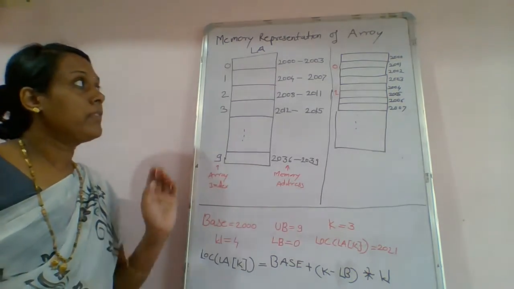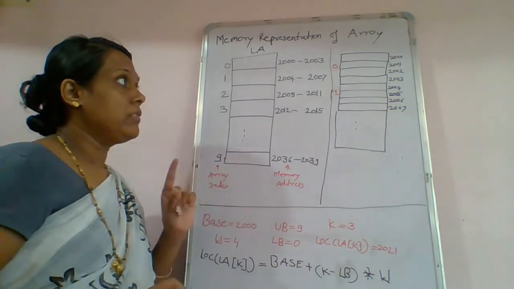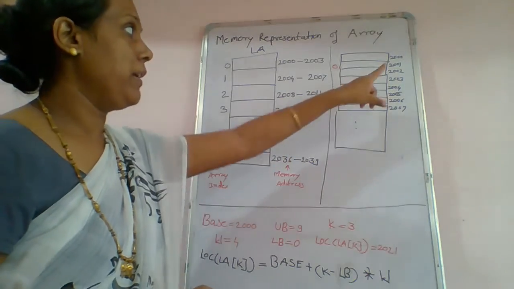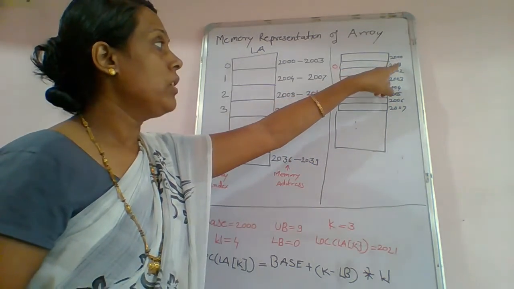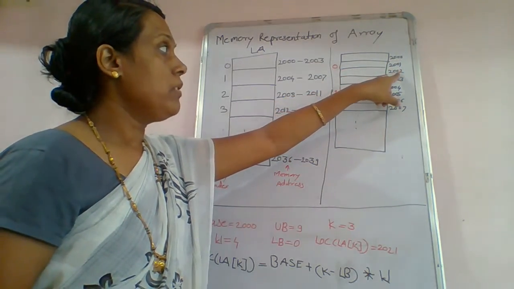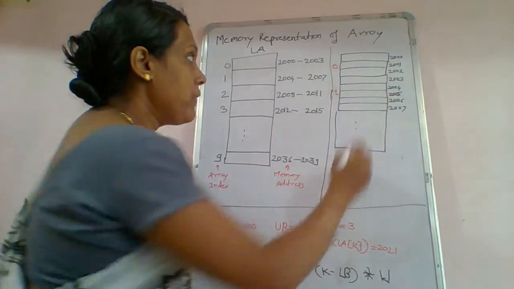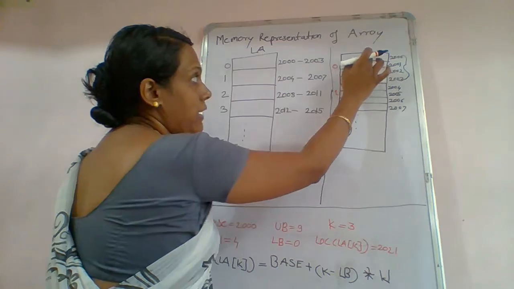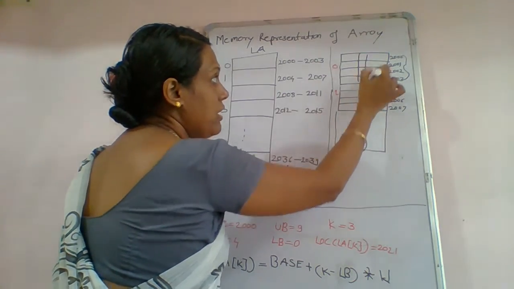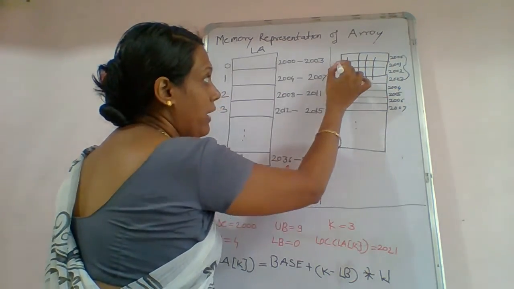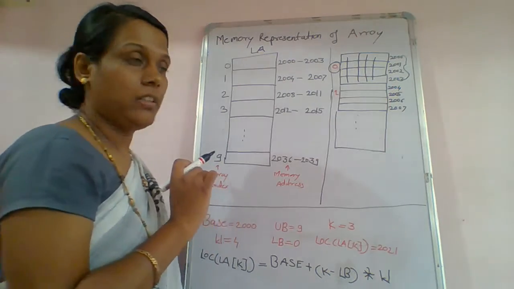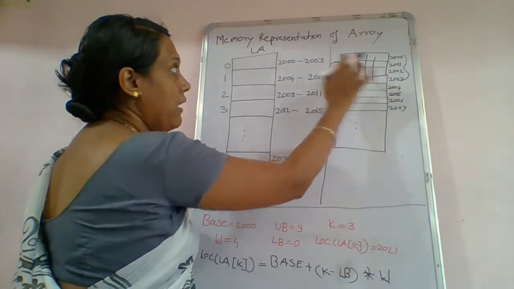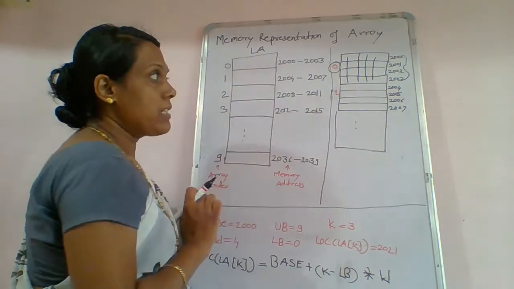Now see this diagram: 2000, 2001, 2002 and 2003. These are 4 bytes. So it is 4-byte data located at index 0.